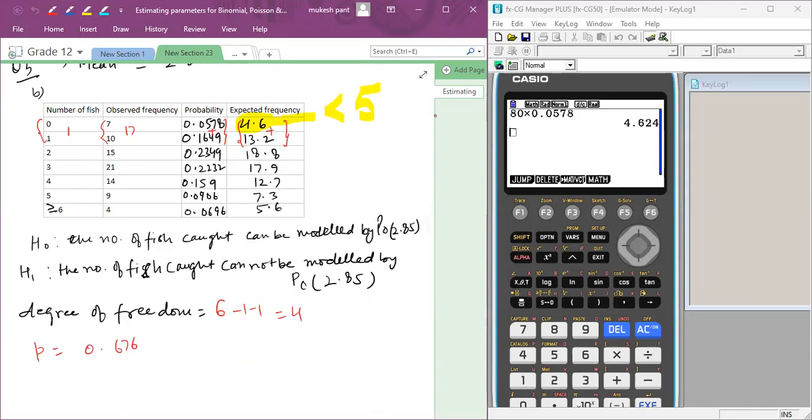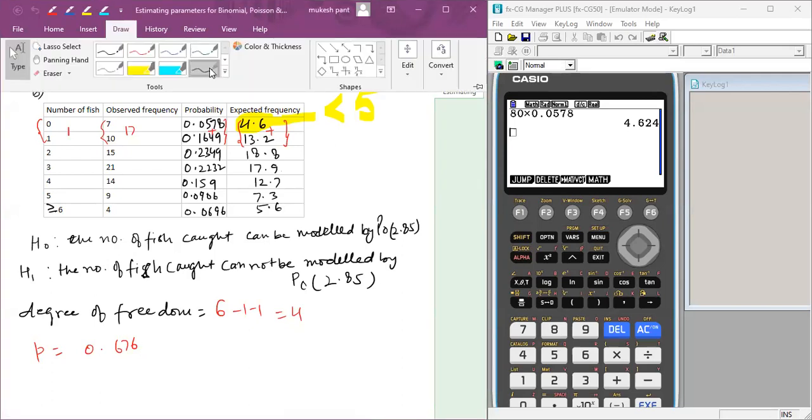This is 0.676, and see the significance level in the question. Let me see whether the significance level is given. It is not mentioned in the question.